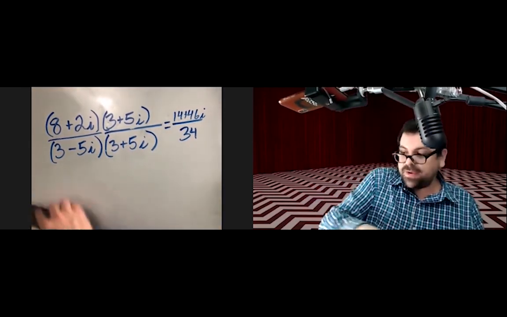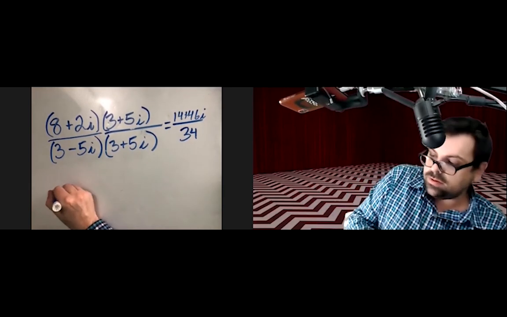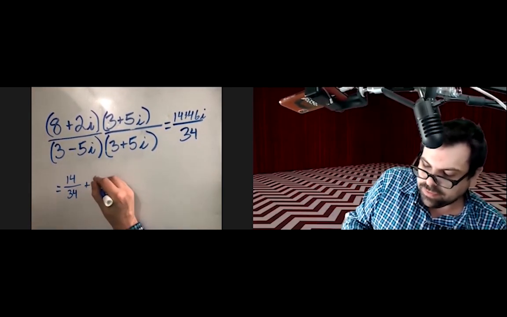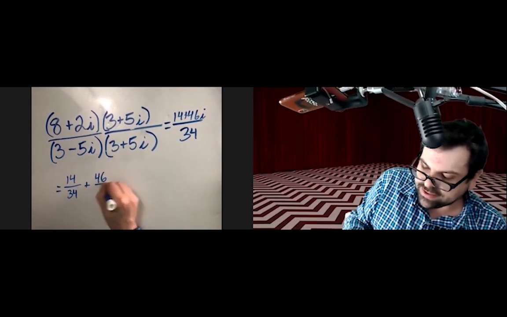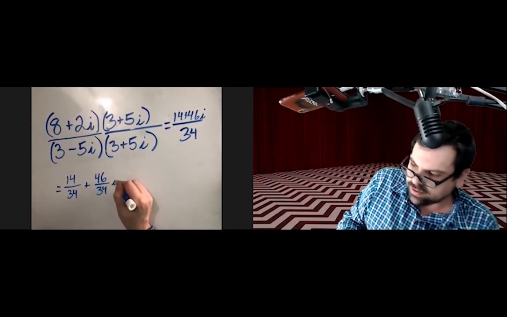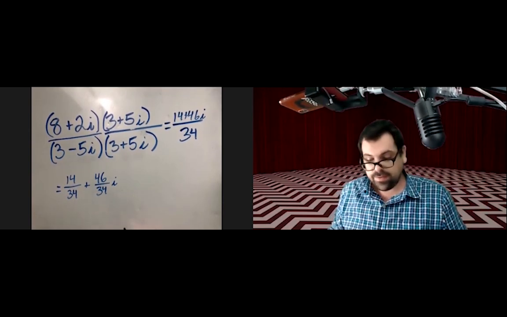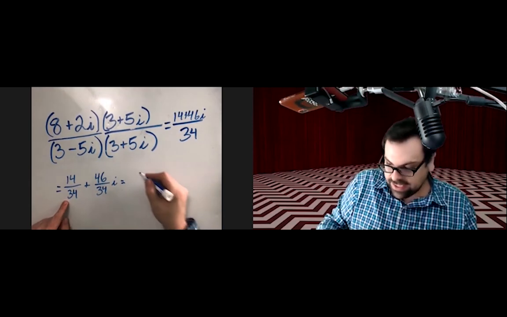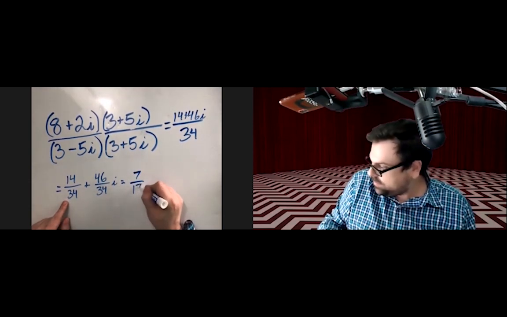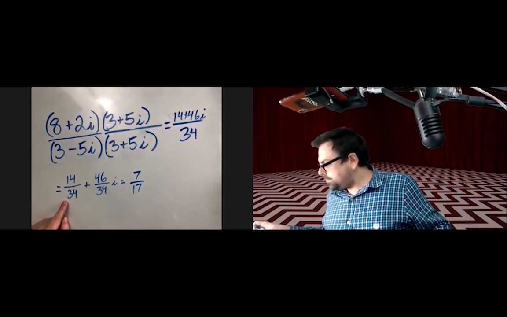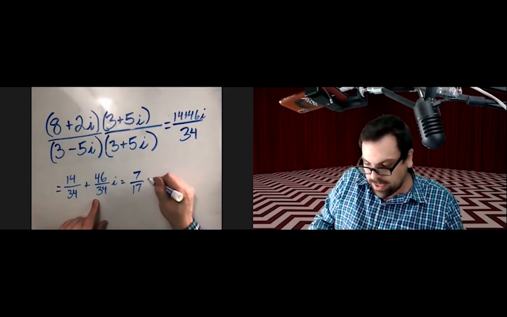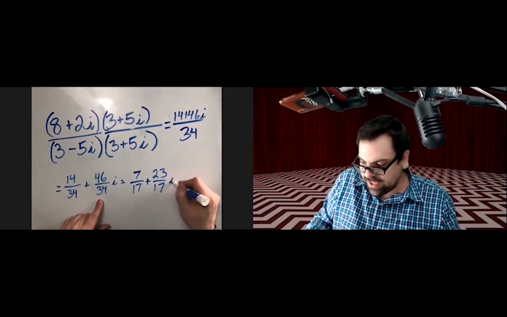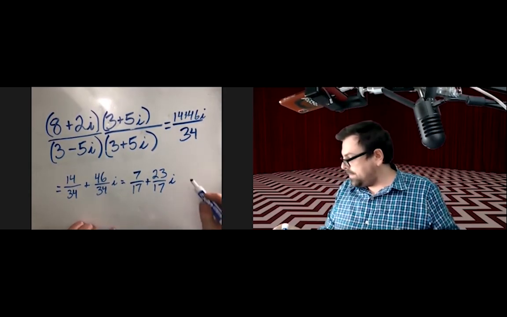But we have to split it up now. 14 over 34 plus 46 over 34 i. Reduce the fractions. 7 over 17 plus 23 over 17 i.